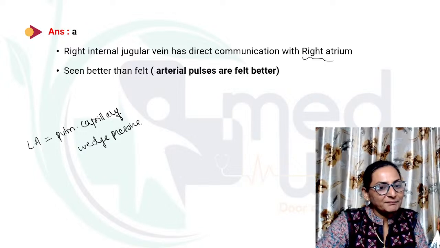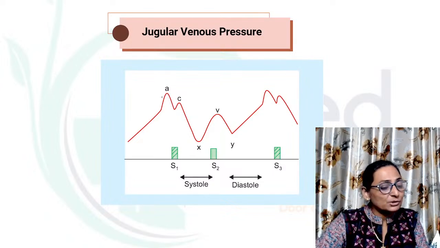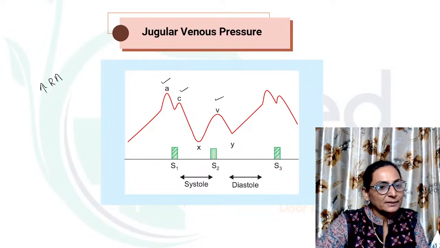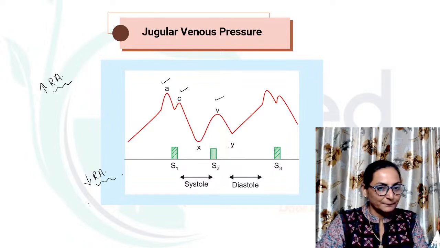This jugular venous pressure has three positive waves, A, C, V, which are reflecting a rise in pressure in the right atrium, and two negative waves, X and Y, which show a decrease of pressure in the right atrium.